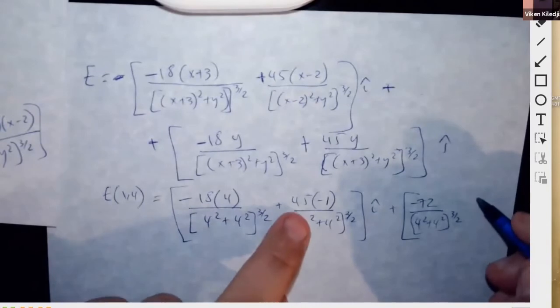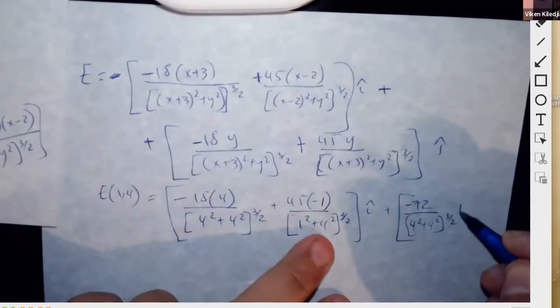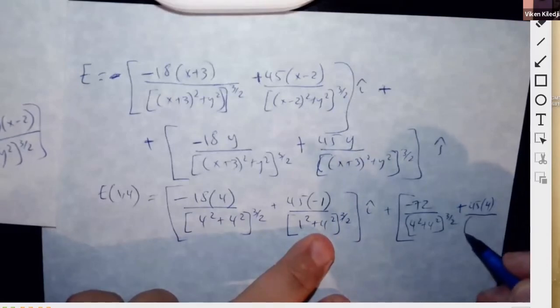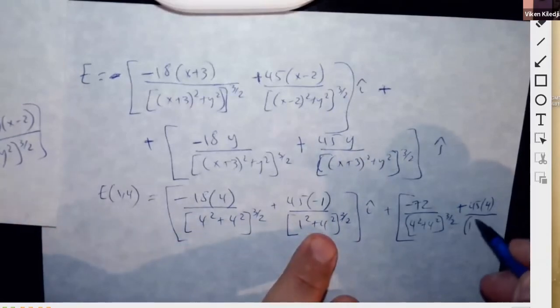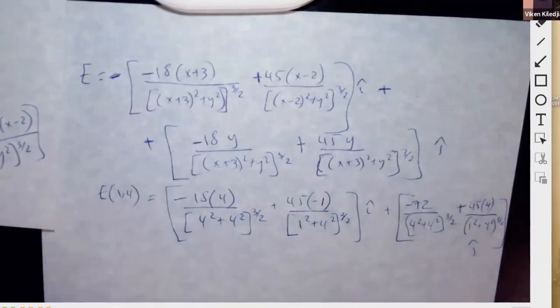And then plus, I would put 4 there, 45 times 4. And then I would get the same thing as there, 1 squared plus 4 squared to the 3 halves, j hat. So that would be the general way of finding the electrical field at any point in space.